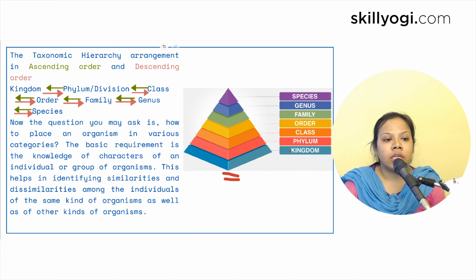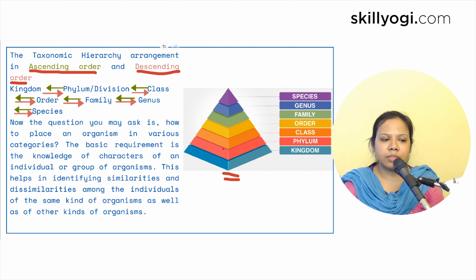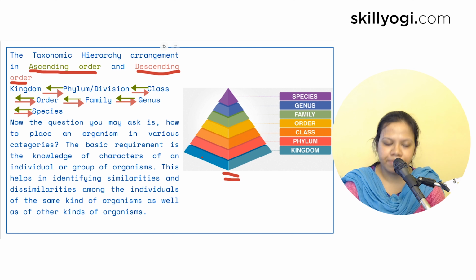This is known as the taxonomic hierarchy, and this is the arrangement of the taxonomic hierarchy: first one, kingdom. You can read either in ascending order or descending order. This picture is in descending order: first kingdom, then phylum, then class, then order, then family, then genus, then species.